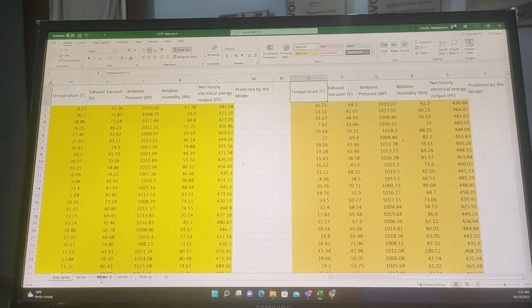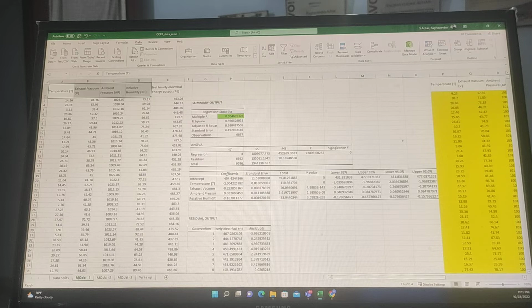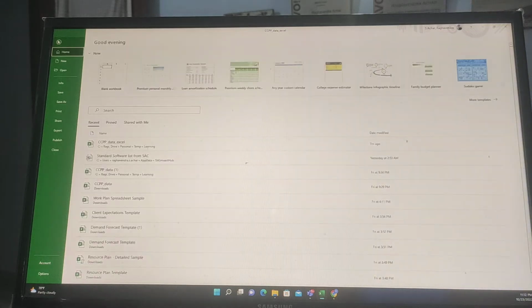And now, after doing that, the first model that I wanted to adopt was assuming that all these three factors are playing a part. So I started using the regression. I'm using Excel to do my work. So I went back and ensured that the formulas which are required are being adopted.